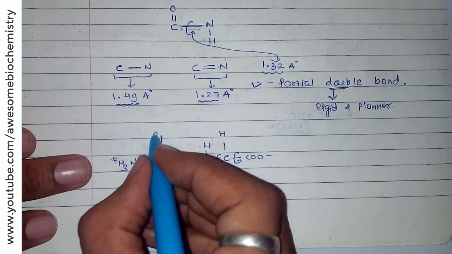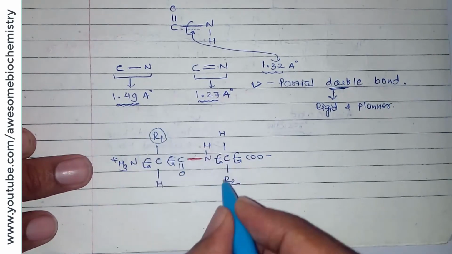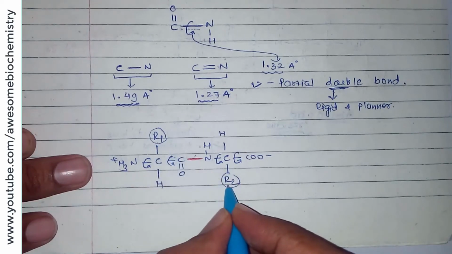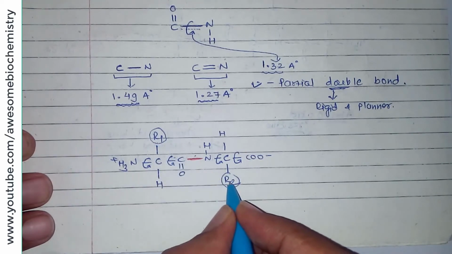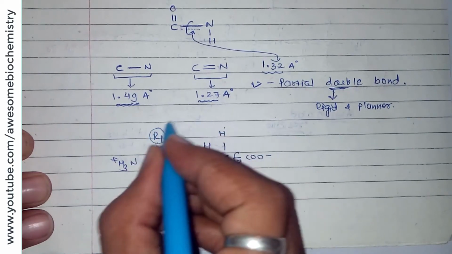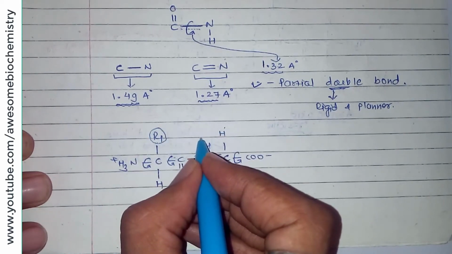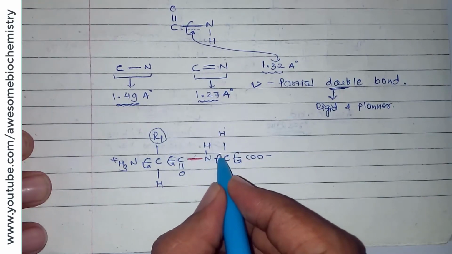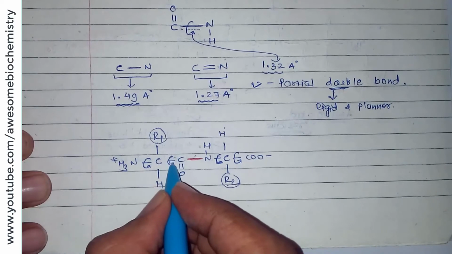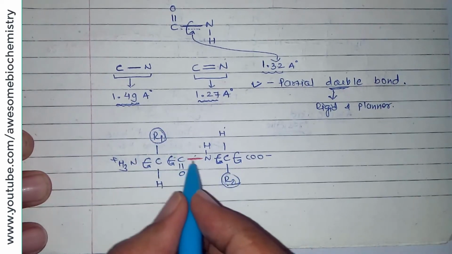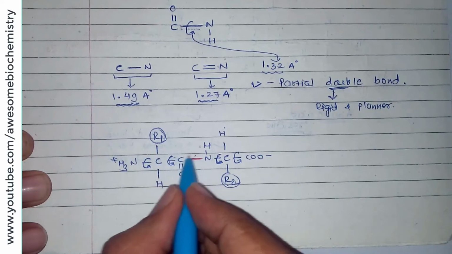Now you might be wondering why I am writing R1 over here and R2 over here. The reason is that these side chain R groups are bulky. So if both occur on the same side, then there will be too much congestion of atoms, which is thermodynamically unstable. That's why rotation takes place at this location or at this location, and so the side chains R1 and R2 occur in opposite directions around this peptide bond.